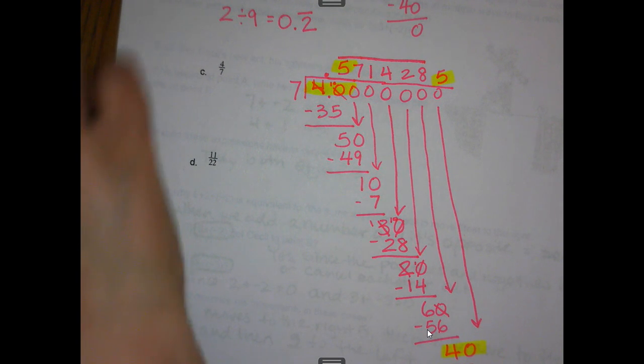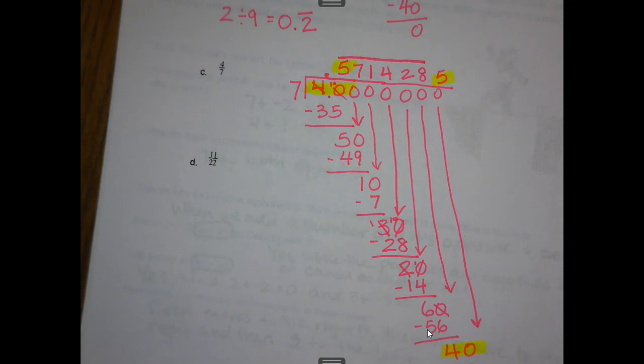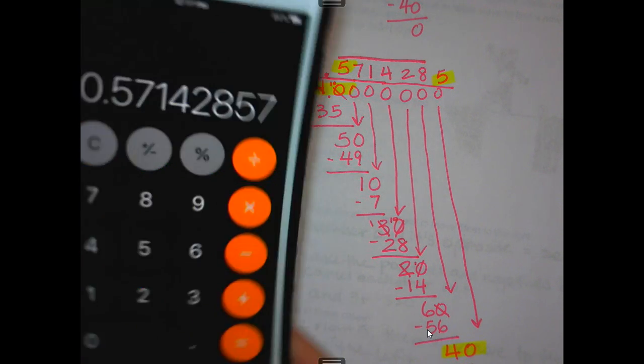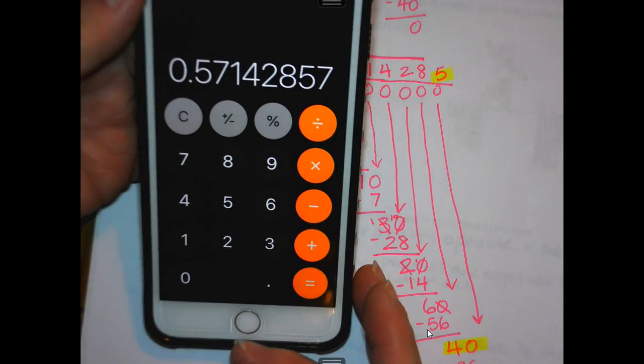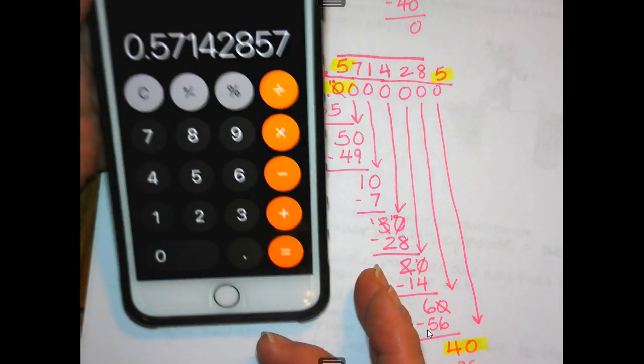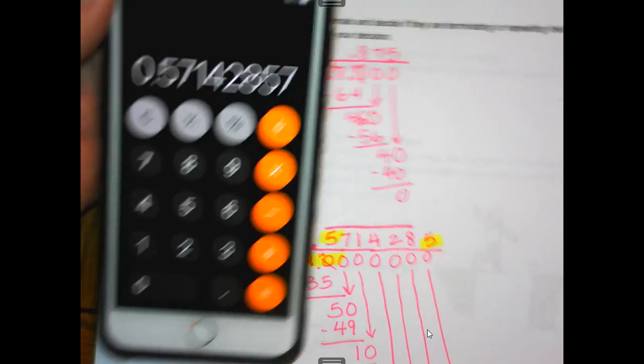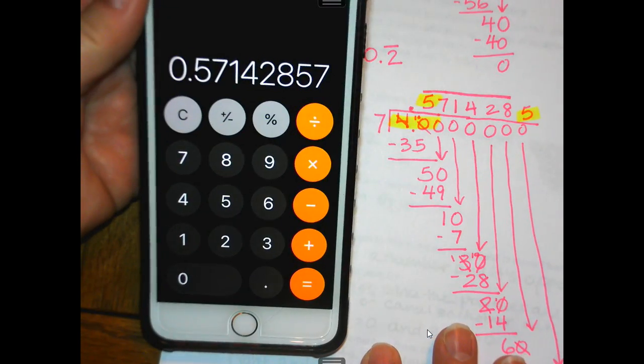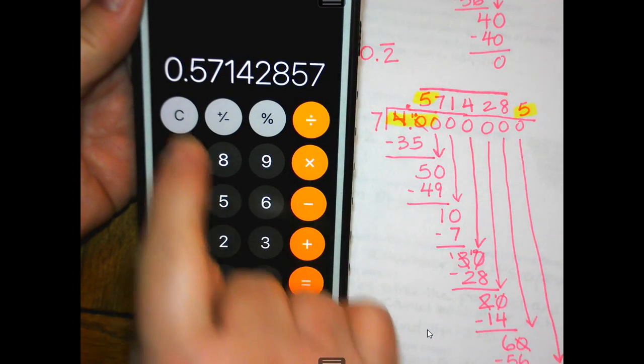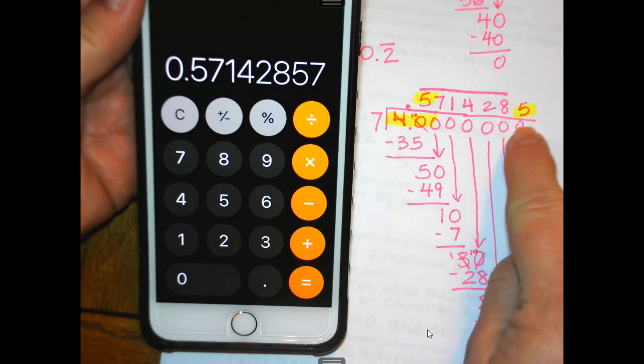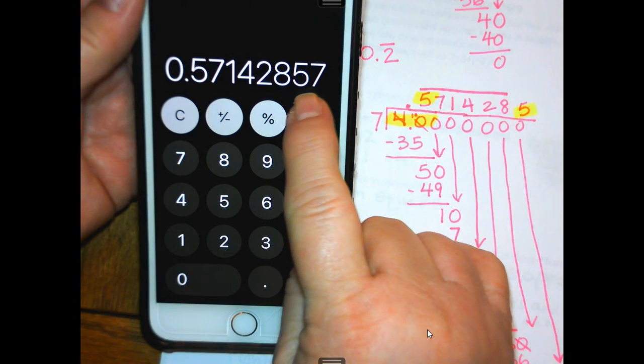I know some of you are wondering, did she do that math right? And I'm going to double check it right now. All right. So that is what I get when I do 4 divided by 7 in the calculator. And you'll see that we had the start of our repeat at the end of my decimal places here.